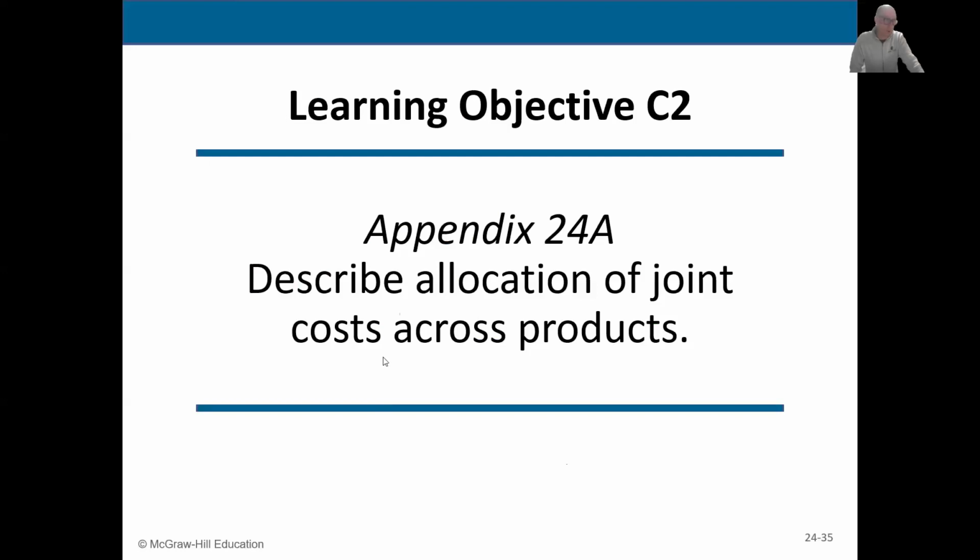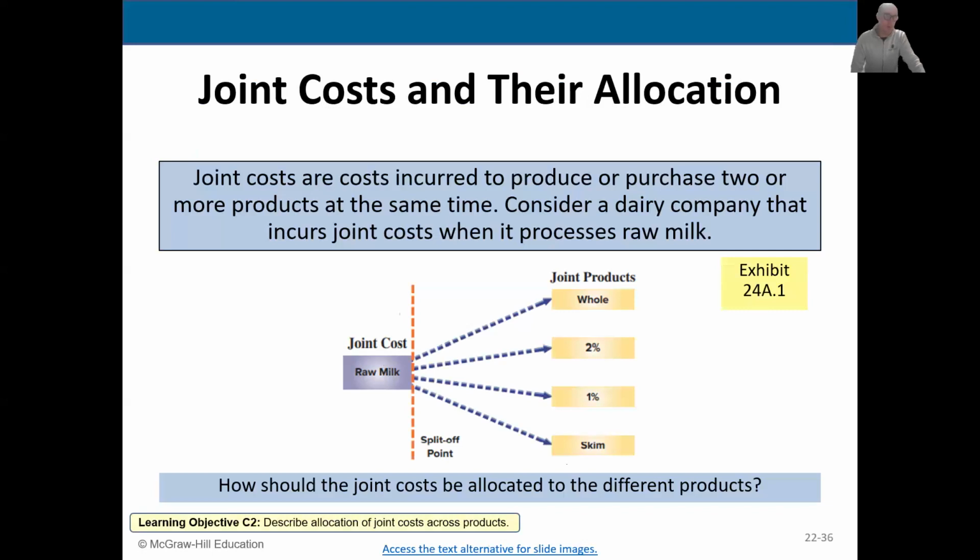And this last concept that we briefly talked about in a prior chapter is called joint costs and their allocation. I showed you what it looks like from the perspective of service departments and indirect costs from the Macy's jewelry department example.